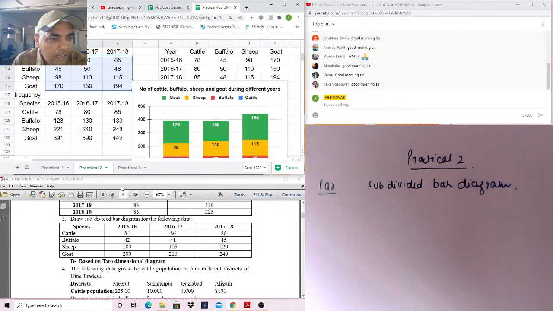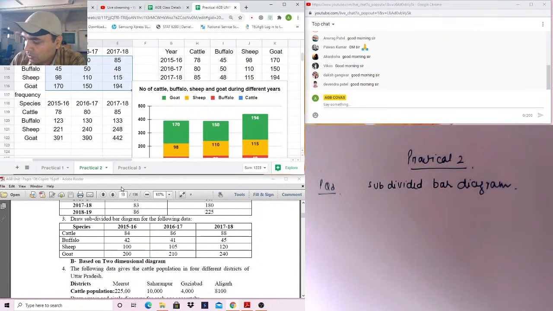So, in this subdivided bar diagram, the basic difference we have already covered in the theory: in a multiple bar diagram, the bars of different variables are shown side by side, whereas in a subdivided bar diagram, they are stacked one over the other.